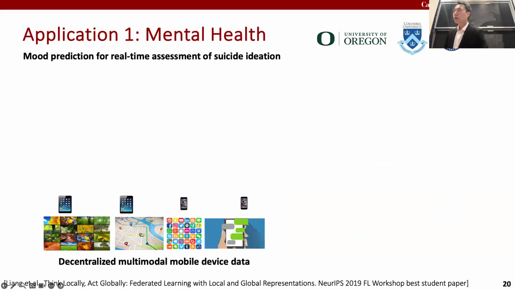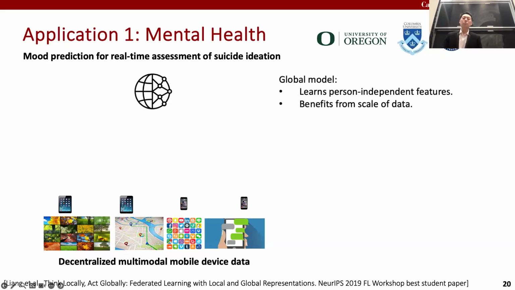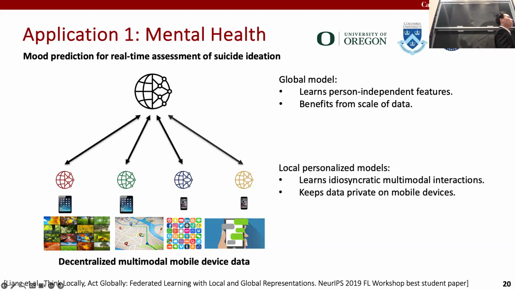And because many of these interactions are quite idiosyncratic, some people use more photos, some people took more text, did more typing, and so on, we ended up training a global model, which learns information from multiple individuals in the study. This leverages the power of scale and learns person-independent features, and also personalized local models. So these models were actually able to be trained on the smartphone, and were very quickly adaptable to how these individuals use particular modalities on their phone.